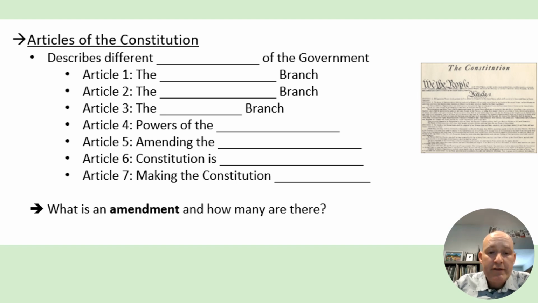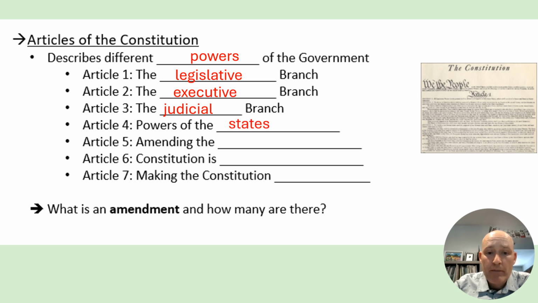So the articles of the Constitution, they describe different powers of the government. Article 1 explains the powers of the legislative branch. Article 2 is the executive or president. Article 3 is the judicial.